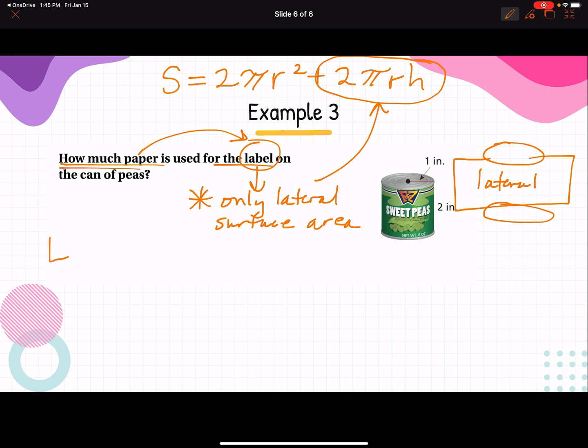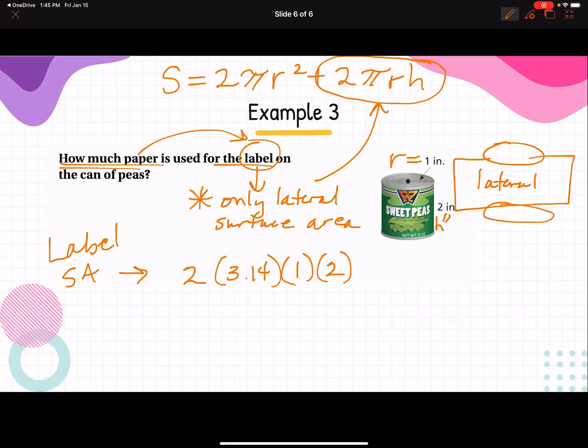So, to find the label surface area, we're going to take 2 times pi, which is 3.14, times my radius, and my radius is up here in the diagram. It is 1, and my height is in the diagram as well, and it is 2.